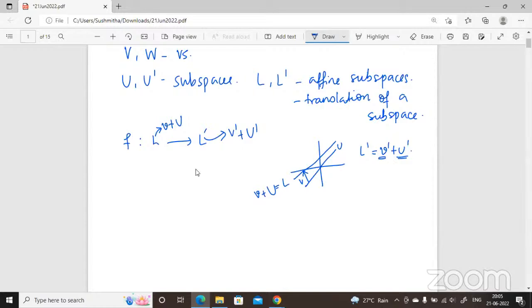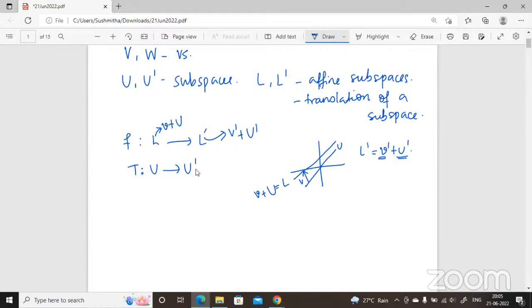Okay. So between two affine spaces, you define a special map, which is called the affine map. When do you say it is an affine map? You have two affine spaces, L and L prime, with underlying subspaces U and U prime. Suppose T is a linear transformation from U to U prime.